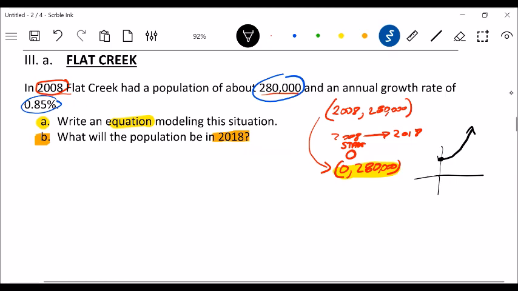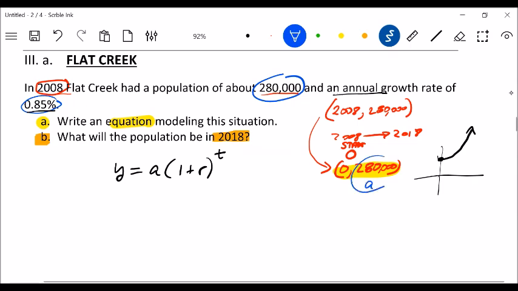So the equation we use, when we look back up here, it's an annual growth rate of this amount. So we're going to use a growth one, and growth was Y equals A times 1 plus R to the T. Well, what we have here is the A, that's the initial amount, and we have the R. Now, notice something about the R. We can't have it as a percent.